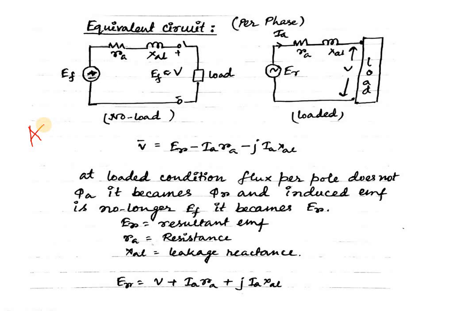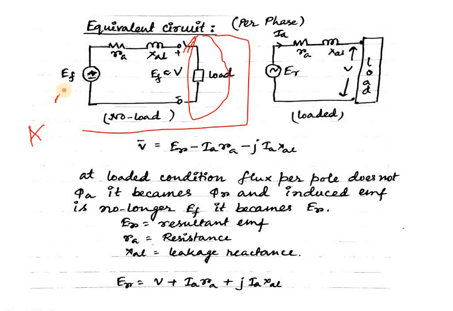See, this is the equivalent circuit at no load condition. What is the meaning of no load? That means at the output side there is no load. The load part here is open. You can see that the switch is open in nature. So this is an open circuit. That means load is not connected here.